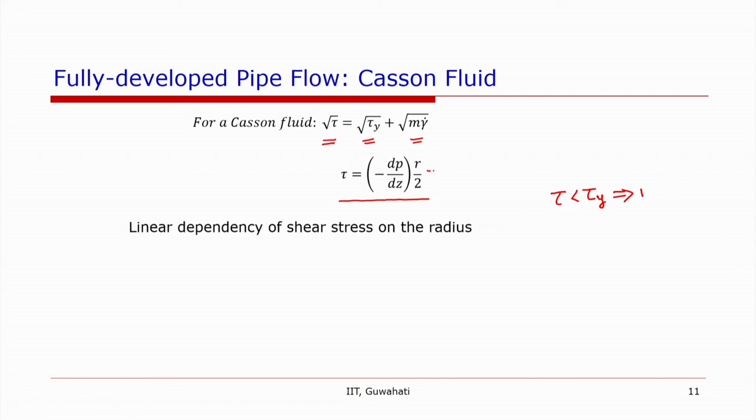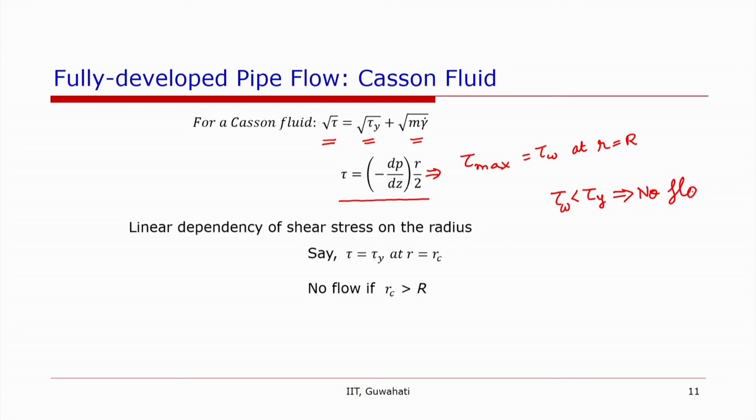From this we can observe that tau in a channel will be maximum at the wall, at r equal to capital R. So if the shear stress at the wall is less than the yield stress, there is no flow in the channel.